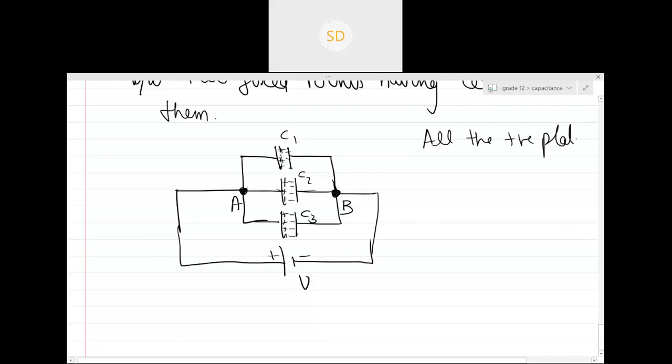All the positive plates are connected to A. Hence, all of them are at the same potential.